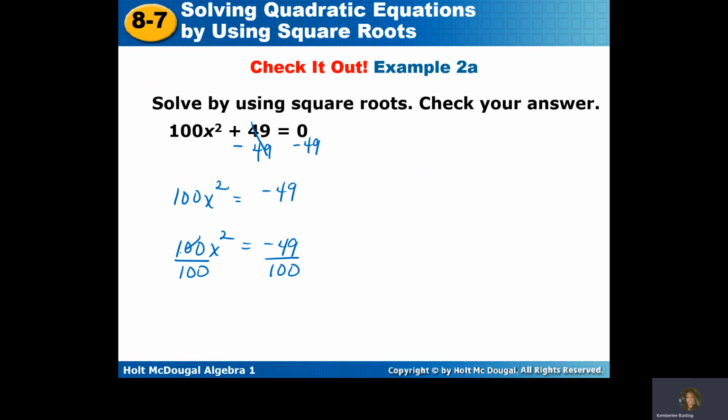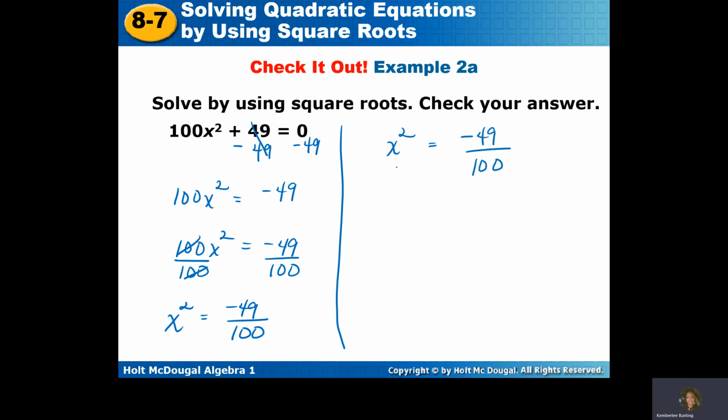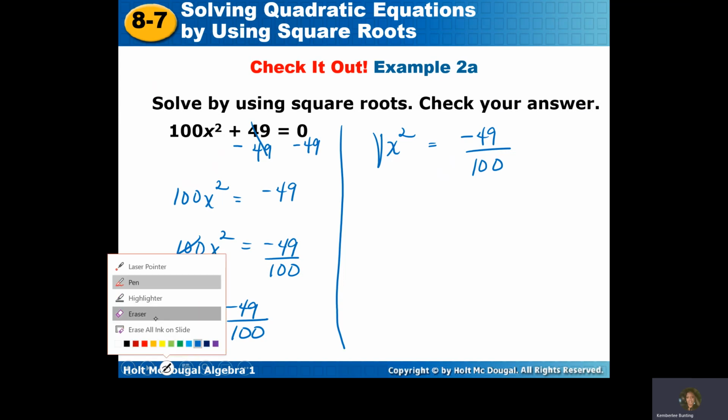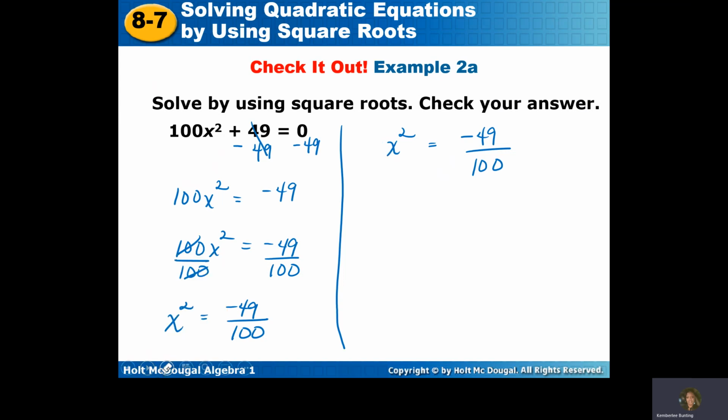All right. And so now we have that x squared equals negative 49 over 100. And just like before, once you've isolated your x squared term, to solve for x, I must take the square root of both sides.